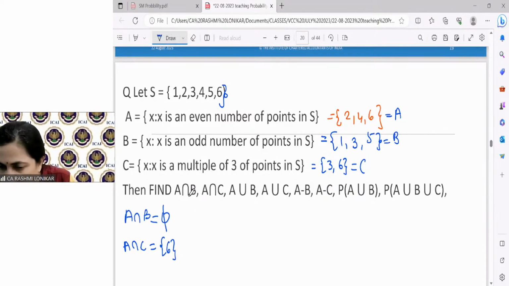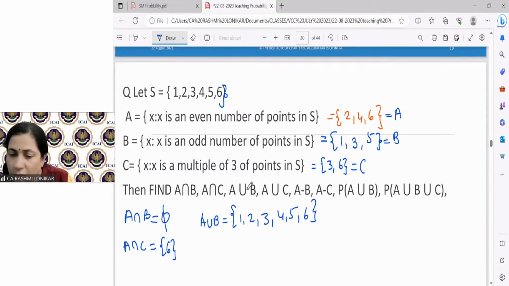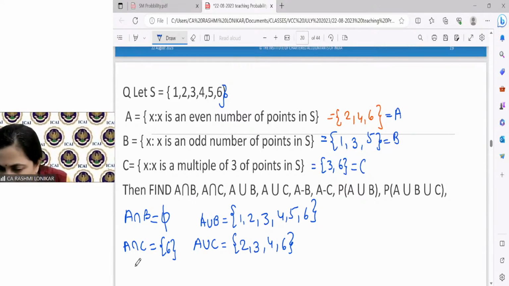Then I have A union B. A union B means all the numbers in A and all the numbers in B. So this is 1, 2, 3, 4, 5 and 6. Then A union C will be 2, 3, 4, 6.